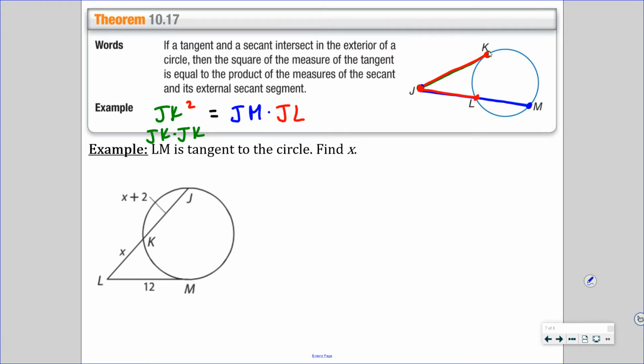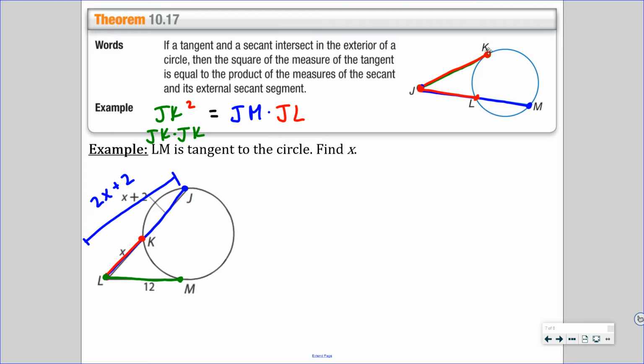Okay, so let's try one of these. This is algebra you might not remember how to do, so we're going to go over it. Here's my secant piece. The external piece is x. The whole length of this, x plus x plus 2, is 2x plus 2. With me? And then I have a tangent piece. All right. So let's start with the secant piece.